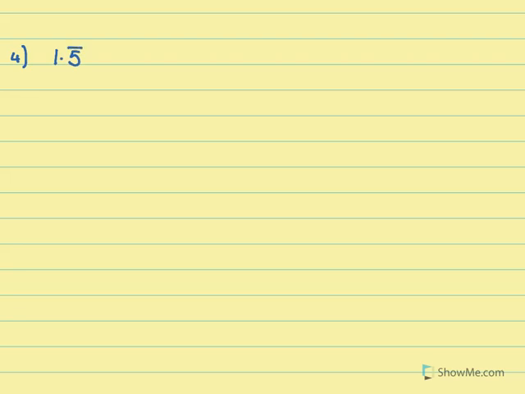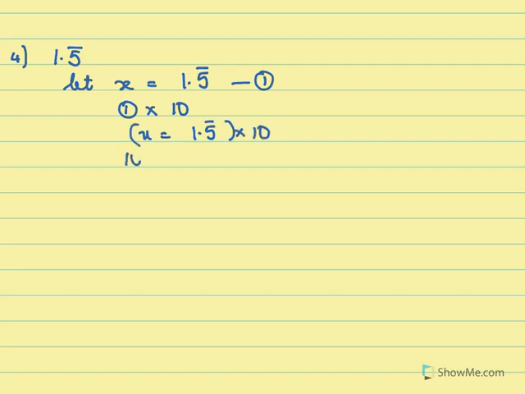So we take the next one, 1.5 bar. So we'll say let x be equal to 1.5 bar. This is equation 1. On multiplying by 10, we get 10x equal to 15.5 bar.